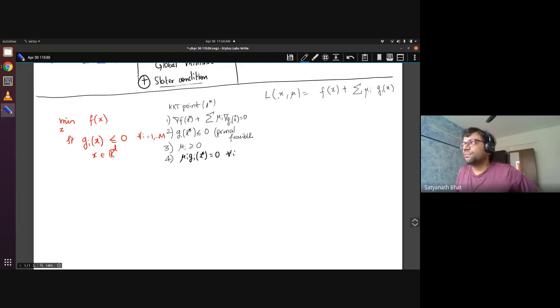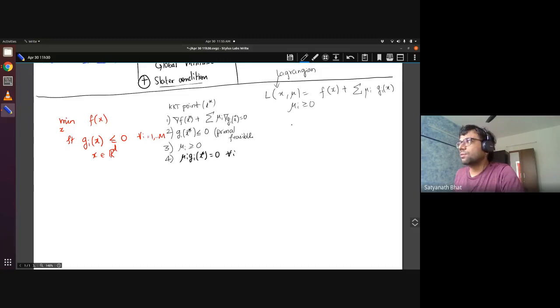This function is called the Lagrangian. If you take the gradient of this, you will get this, right? So if you treat this as an unconstrained optimization with mu_i's greater than 0, the gradient actually turns out to be this. So these two are already captured if you try to optimize this. That is the idea we will use.